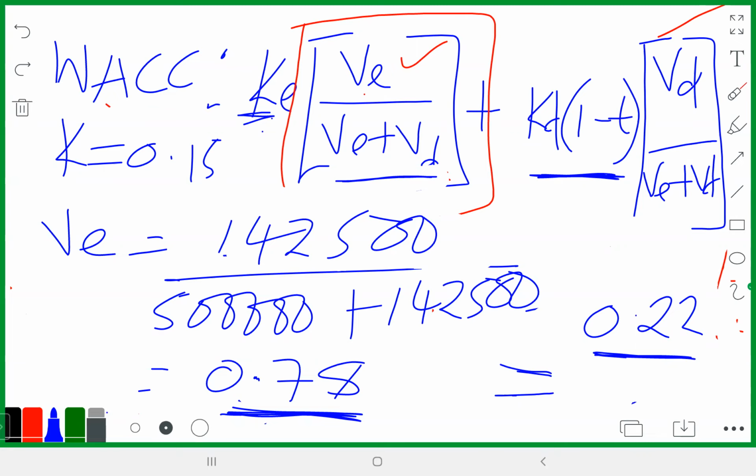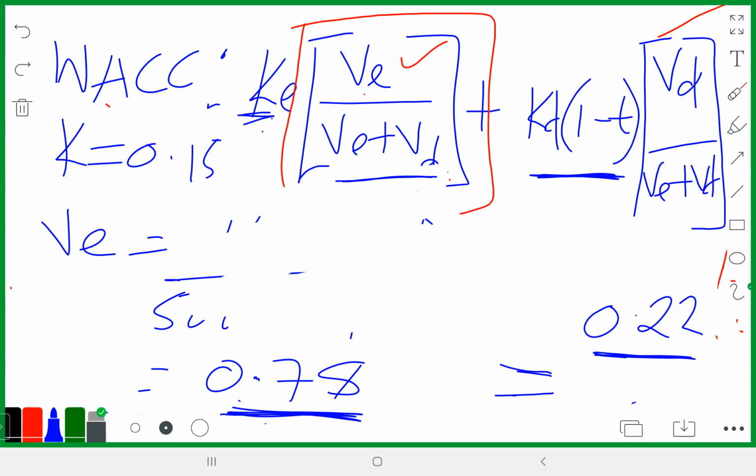So now we have everything that we want. We have the cost of equity. You have the market weight of equity. You have the cost of debt after tax. We also have the market weight of debt. Then we can just write. The one we were just calculating, what were we finding there?